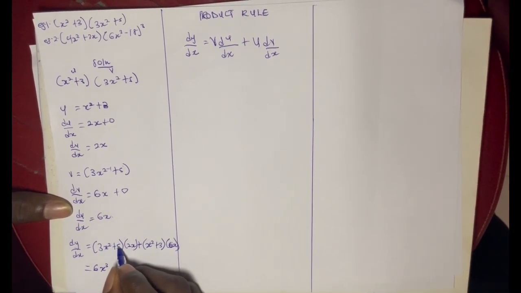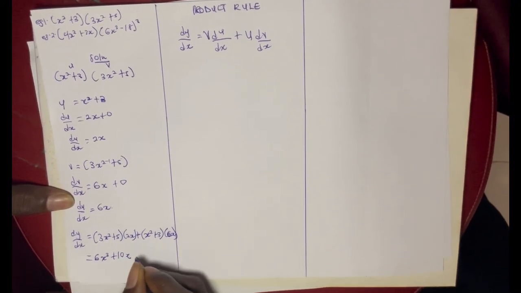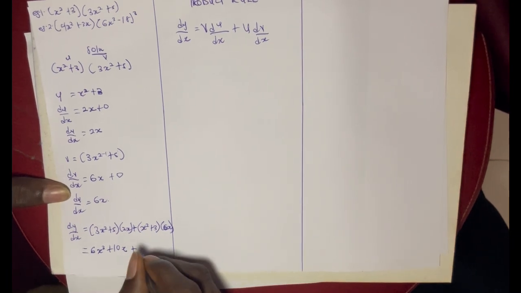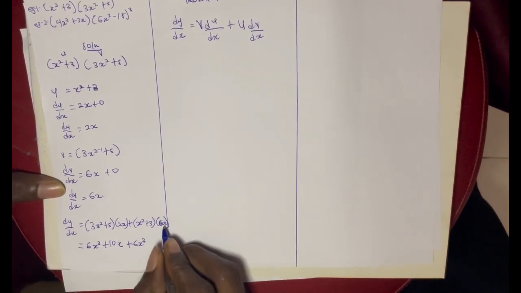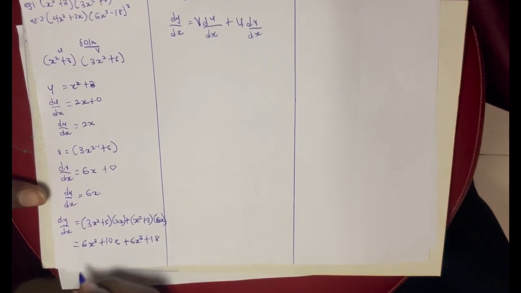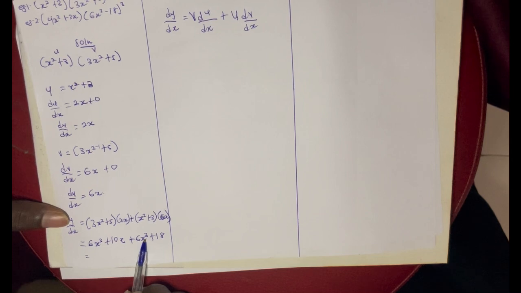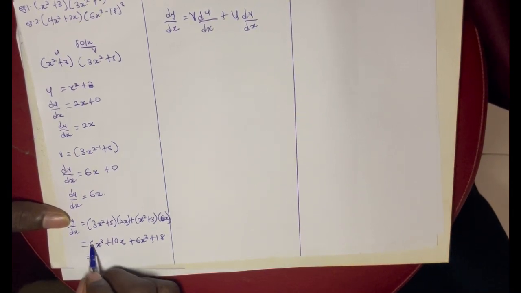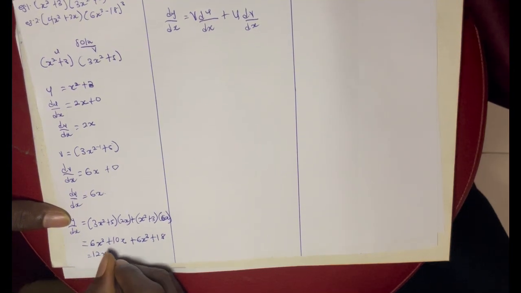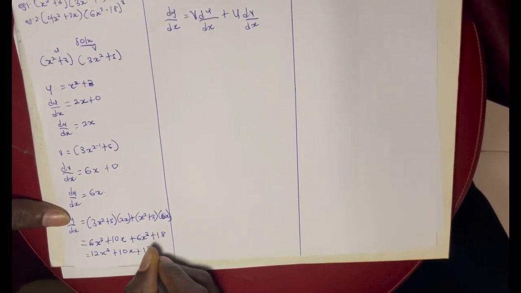So 2x times 5 is going to be plus 10x. Then 6x times x squared gives you 6x cubed, and 6x times 3 gives you plus 18. You have 6x cubed here and 6x cubed there. They are the same, so you add them together. So you get 12x cubed plus 10x plus 18.